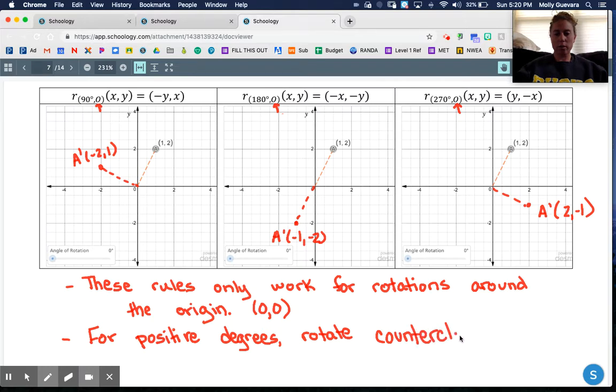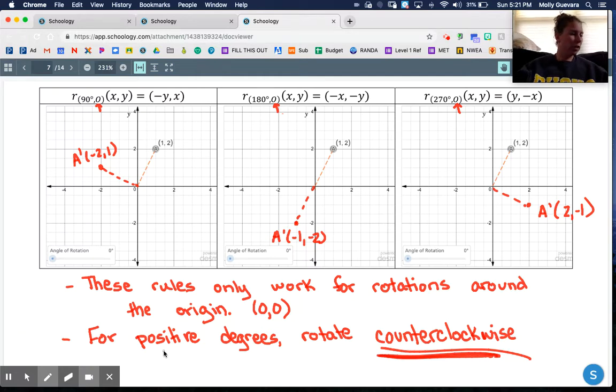So important. Counterclockwise. Okay, I'm going to underline it like 50,000 times. Okay, if I have a positive degree, I'm rotating counterclockwise.